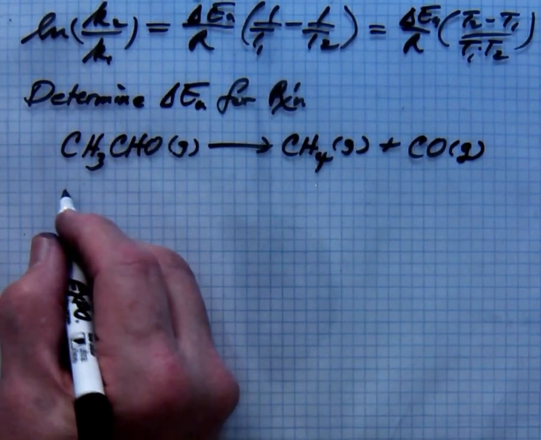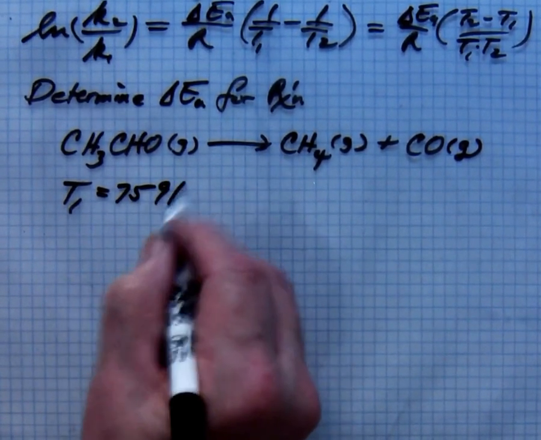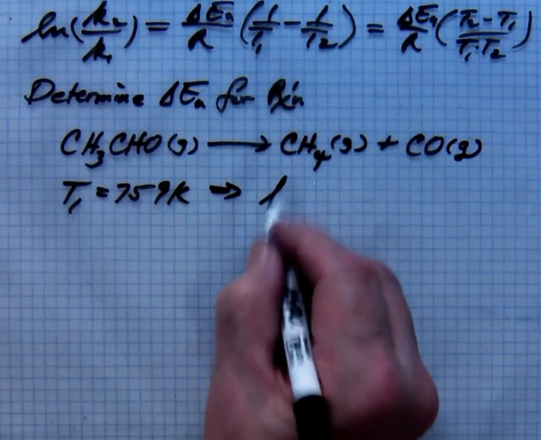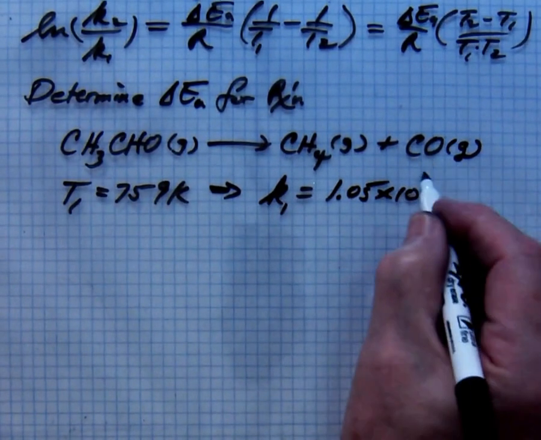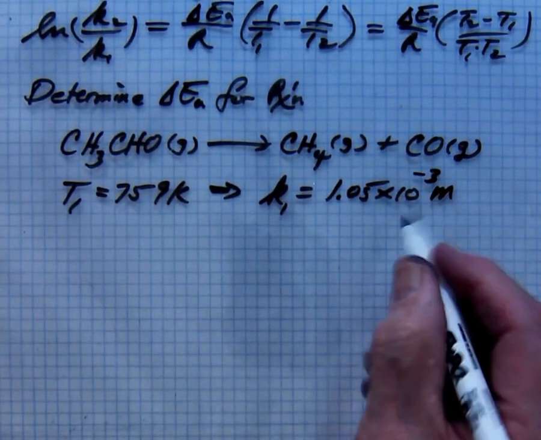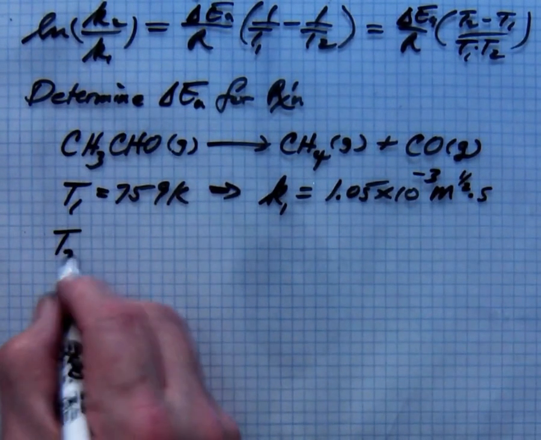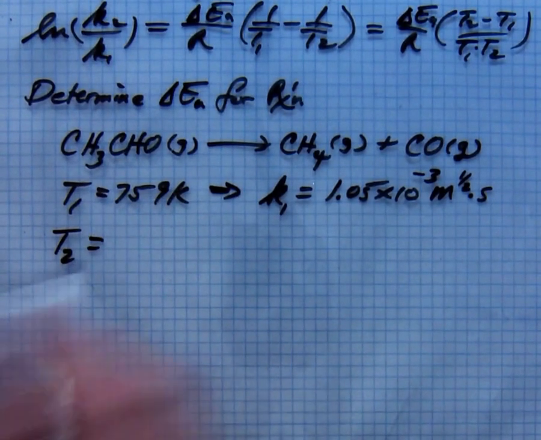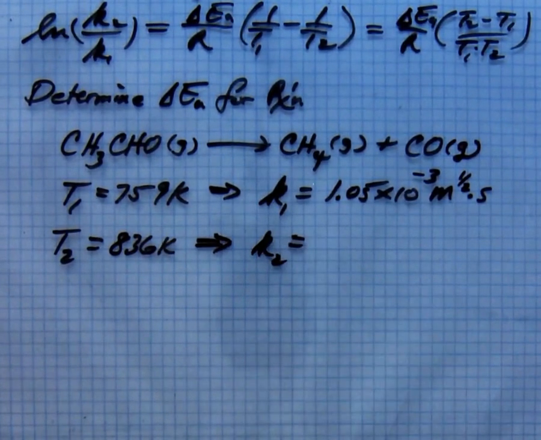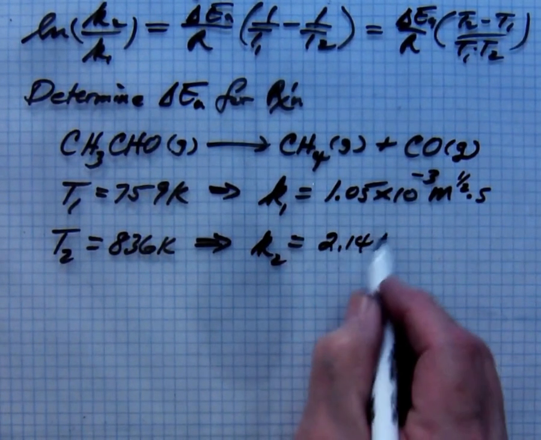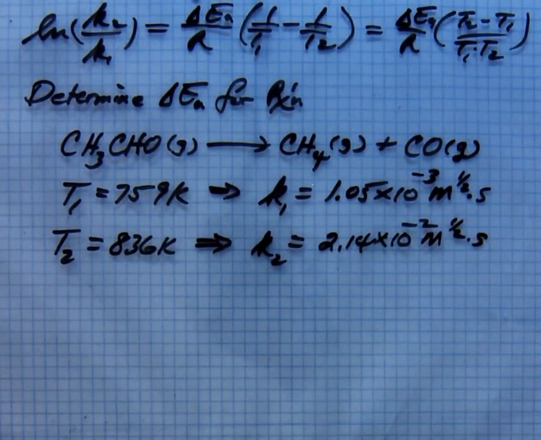At temperature T1 equals 759 Kelvin, we have a K1 rate constant of 1.05 times 10 to the minus 3 molar to the 1/2 times seconds. And the second temperature at 836 Kelvin will give us a rate constant of 2.14 times 10 to the minus 2 molar to the 1/2 times seconds, like that.